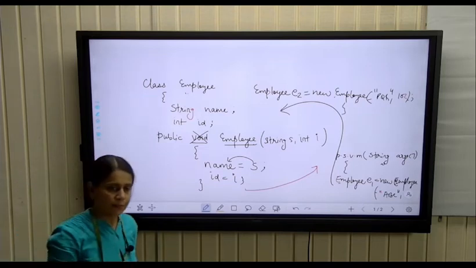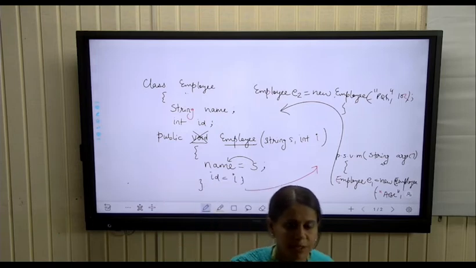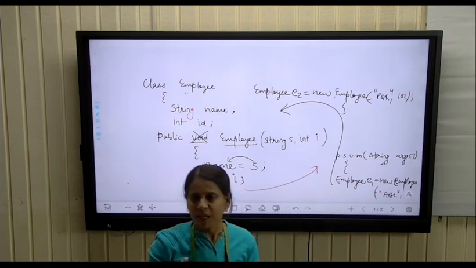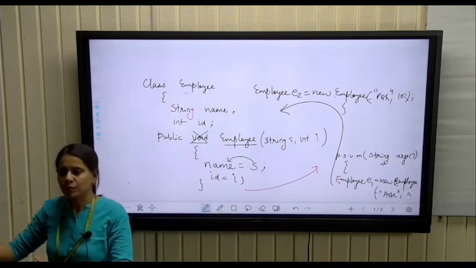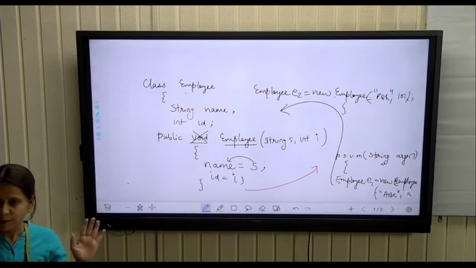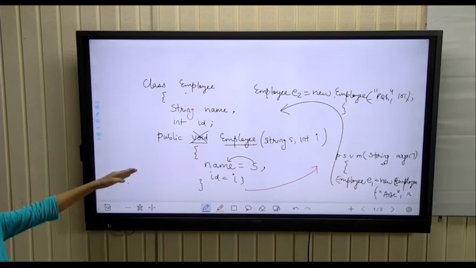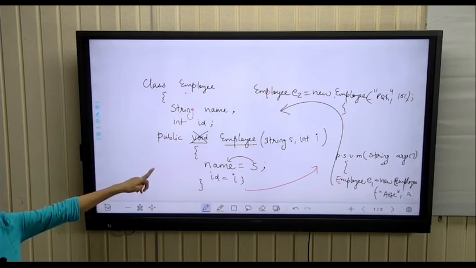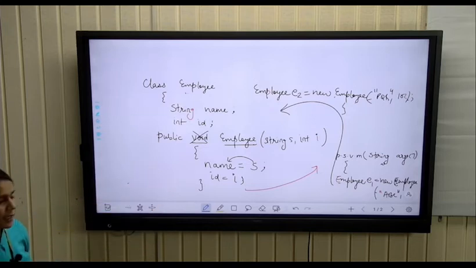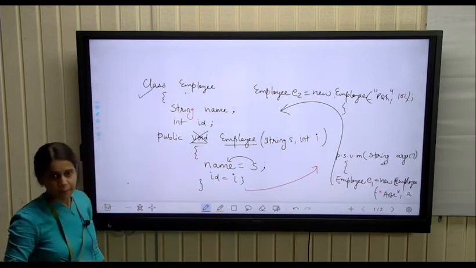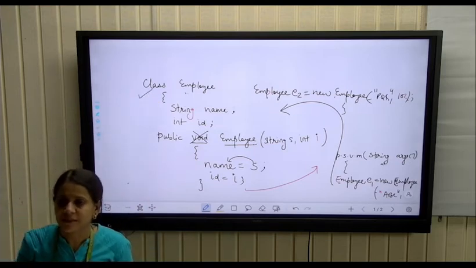Because we are initializing them one by one, you have initialized the object's values first, so there is no need to initialize them again and again. Now you can change accordingly: 101 is your first one and 102 is another, 103 and likewise. Okay, this is how we can use the constructor, or we can initialize the objects.